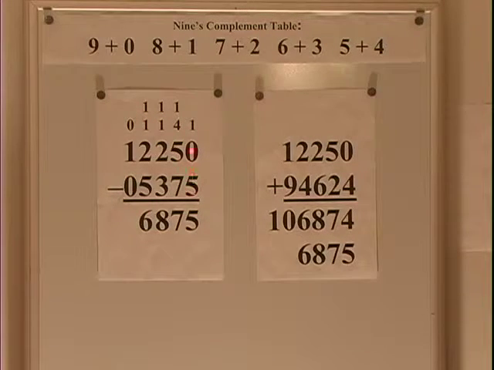Now I'll do the subtractions. 5 from 10 is 5. 7 from 14 is 7. 3 from 11 is 8. 5 from 11 is 6. 0 from 0 is 0. So my difference is 6,875.